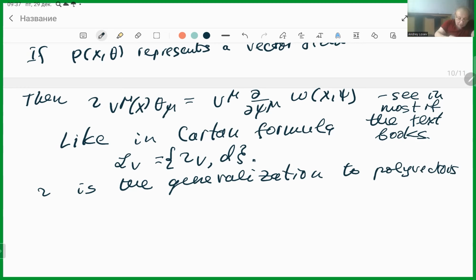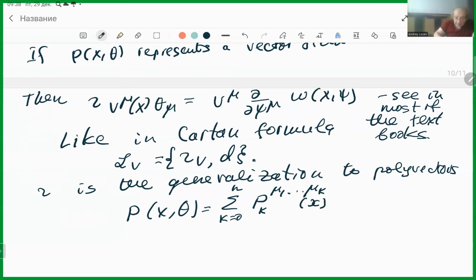So why are they called polyvectors? Because P of x theta could be written as a sum over k from 0 to n, P k, mu1 to mu k of x, theta mu1 to theta mu k. So they have k upper indices, so they are generalizations of the concept of the vector.